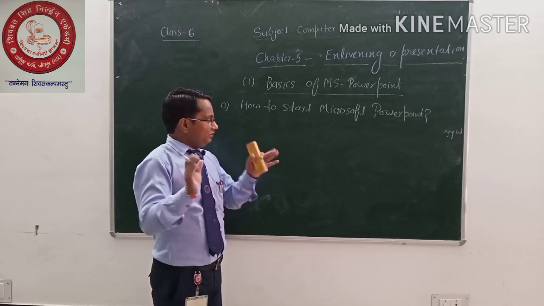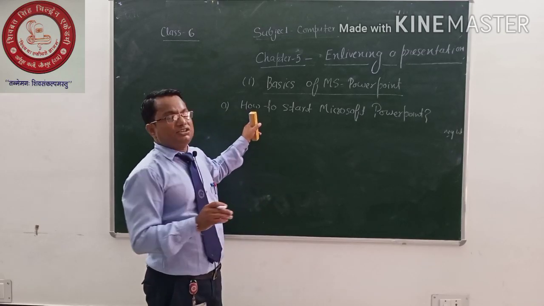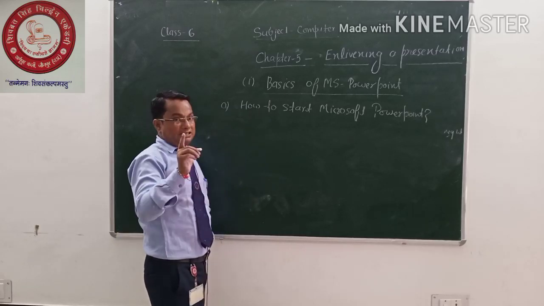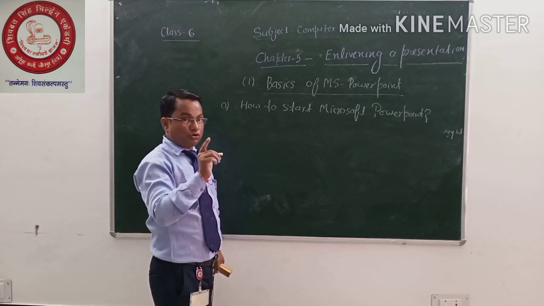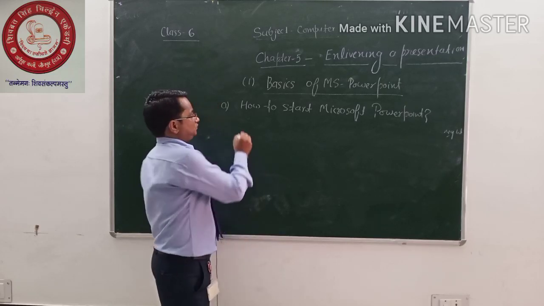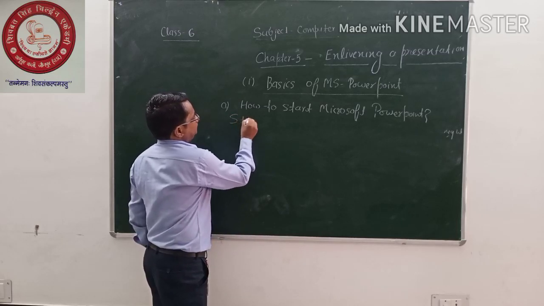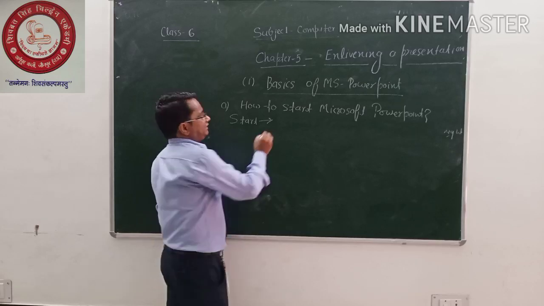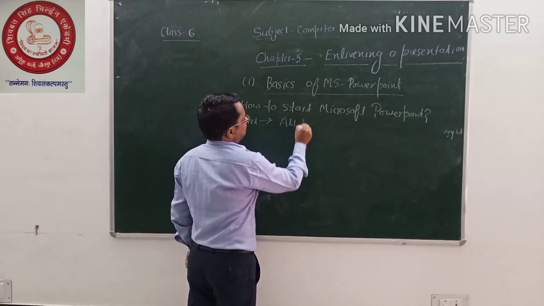It is clear now? Now, for starting the Microsoft PowerPoint, there are 4 steps. Please look on the board so that you can have a very good clarity for this topic. First of all, click on the start button. After clicking, then go to all programs.